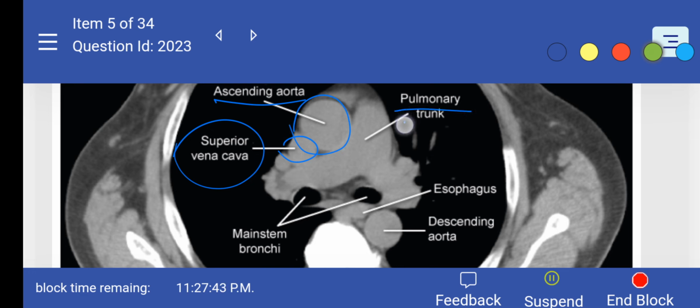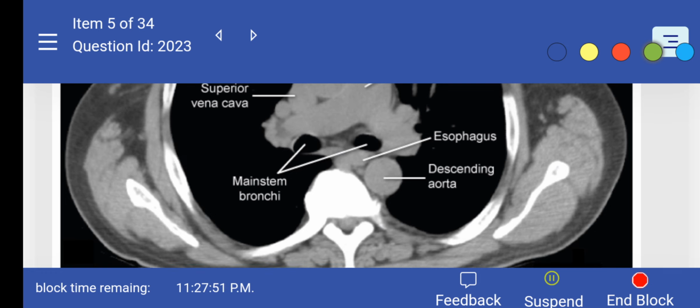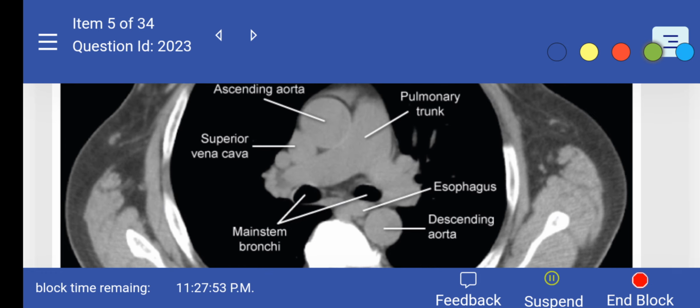Then this one is the pulmonary trunk, from here till this one. Then we have this one. Yeah, this one is the esophagus. We talked about this, and this one is the descending aorta. So this is important, and these black things are main stem bronchi.